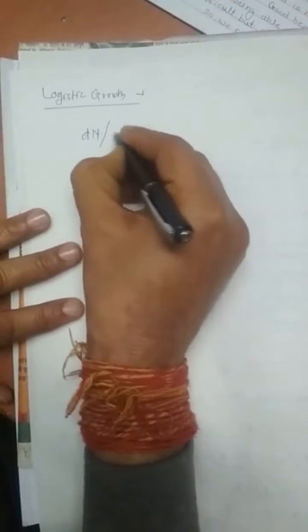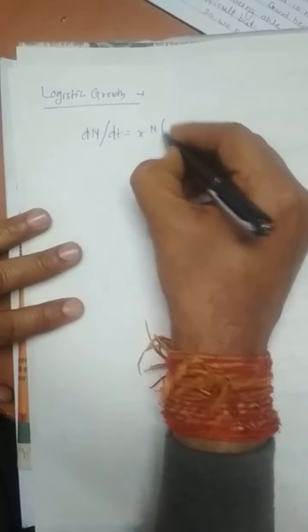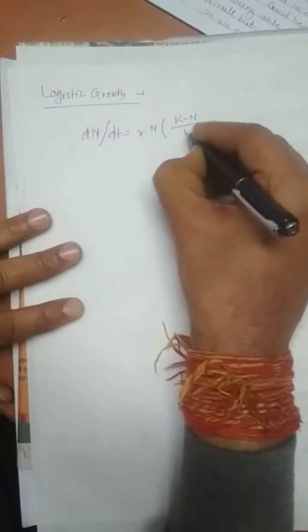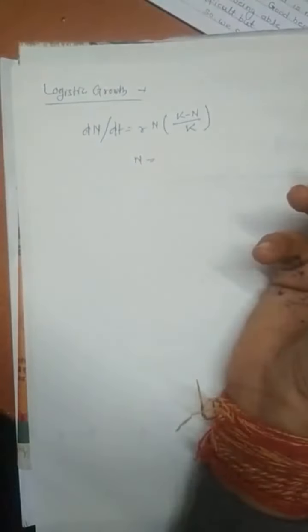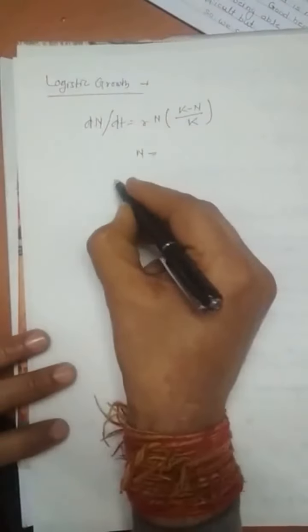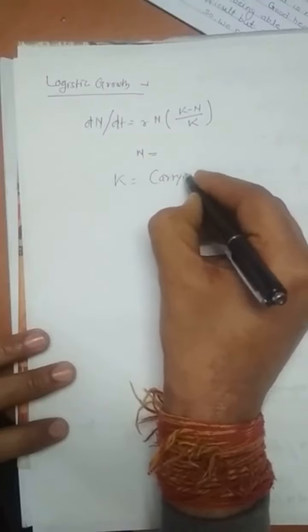And the formula is dN upon dt equals rN into K minus N upon K, where N is the population density at time t, r is the intrinsic rate of natural increase, and K is the carrying capacity.